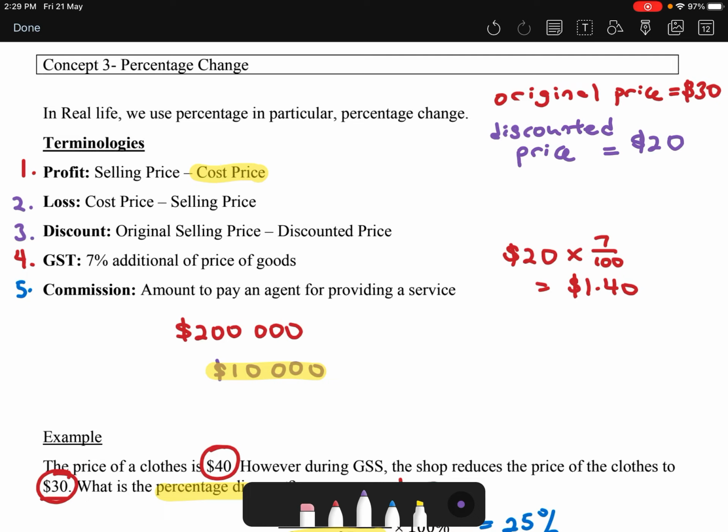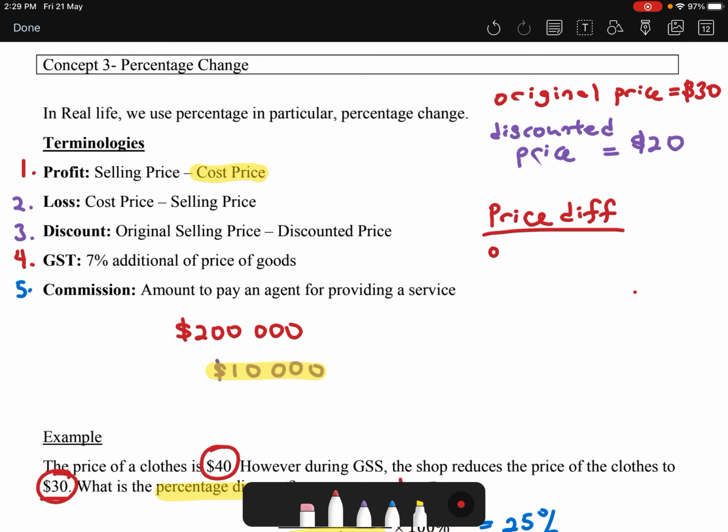Actually there's a formula. Remember, the price difference, DIFF for difference, divided by original price. It's always divided by the original price, times 100%. My price difference is $10, because I gave a discount of $10.